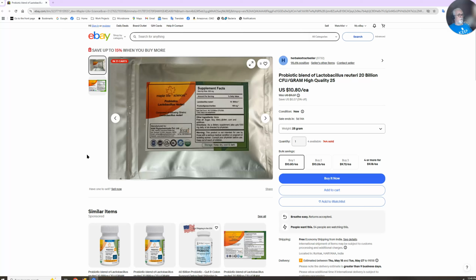Now the thing is, it's been years since my last shipment. I tried one of them this morning, and within 24 hours I can notice the difference in amount of gas and stool that the probiotic is having an impact.